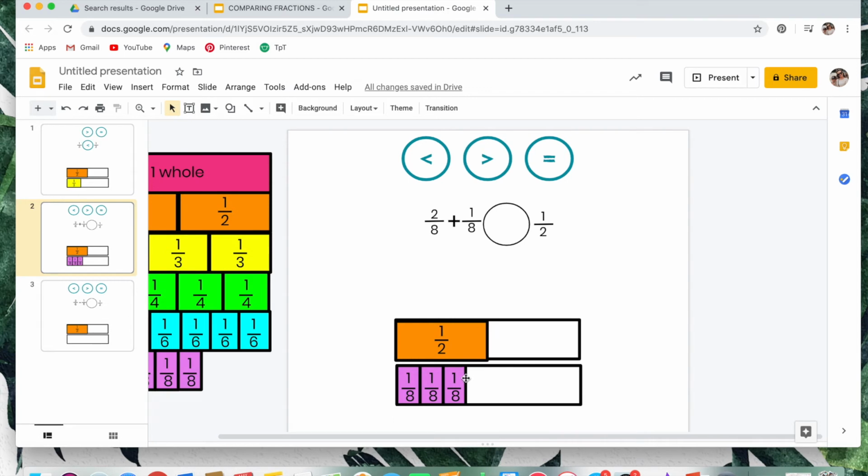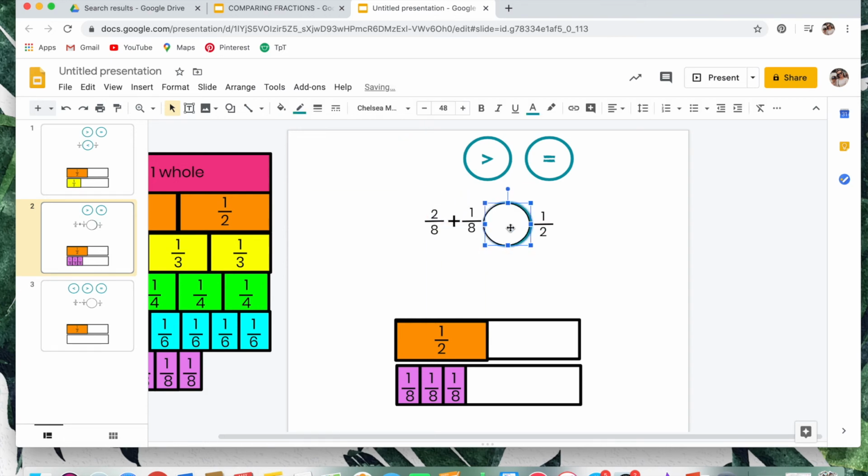So I'm comparing 3/8 to 1/2. I notice that 1/2 is bigger than 3/8. It takes up more of my whole. I notice that there's less white space left in my whole when I have 1/2 compared to my whole with 3/8. So I know that 1/2 is greater than 3/8. Since 3/8 is on this side, I'm going to say 3/8 is less than 1/2.